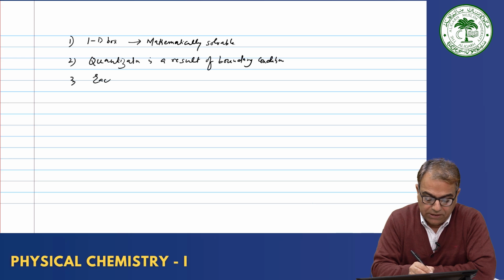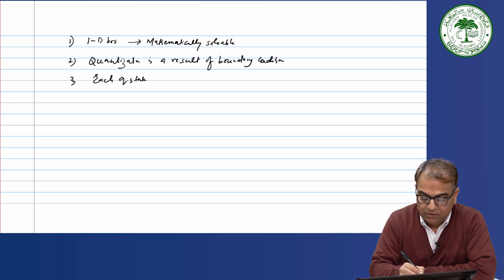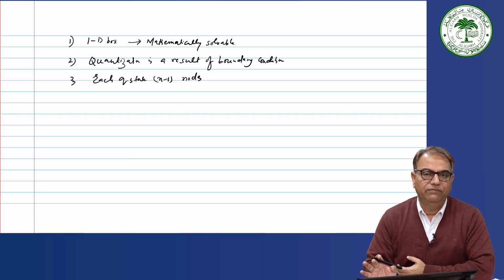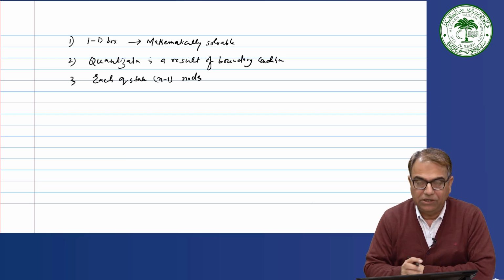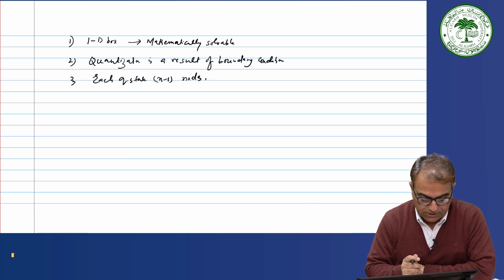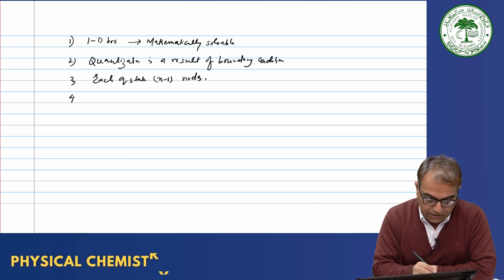Each quantum state has n-1 nodes where the probability of finding the particle is negligible, very small. Okay, I told you that we plot the probability density and it has n-1 nodes. Nodes are the points where the probability density is 0.